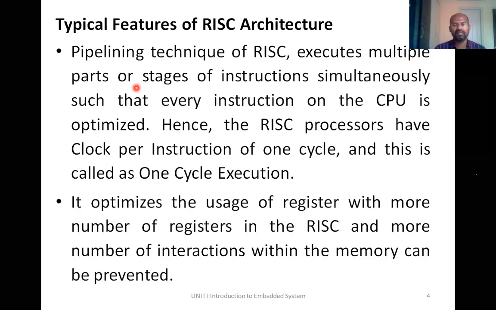In the next clock cycle, the first instruction goes to execution. At that time the second instruction is in the decoding unit, and at the same time the third instruction is fetched. Like that, if you look at this, you will notice there will be reduced execution time.